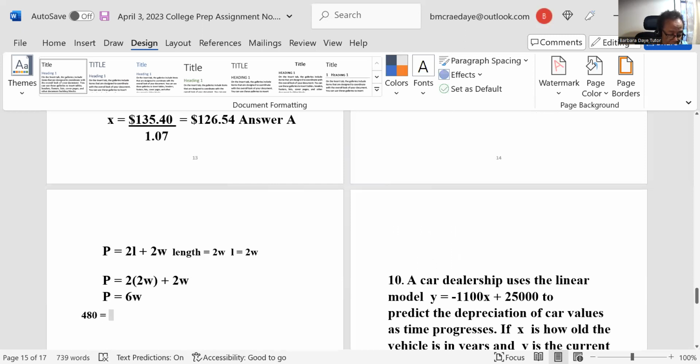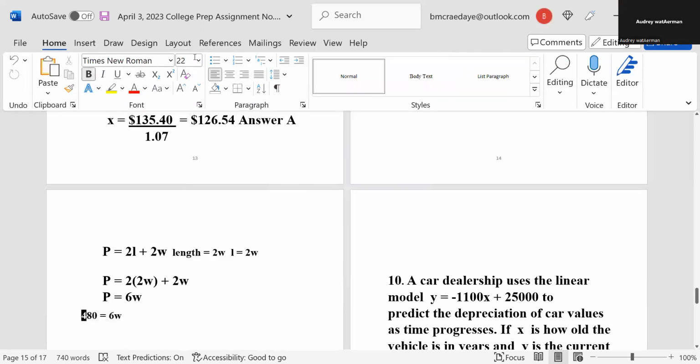So Maureen, what is W? W would be 80 feet. 6 times 80 is 480, right?